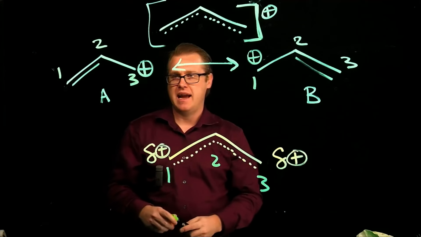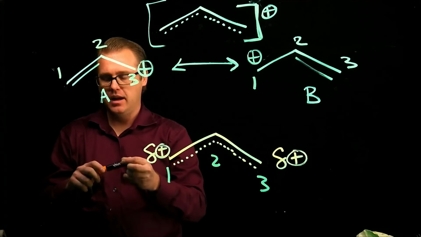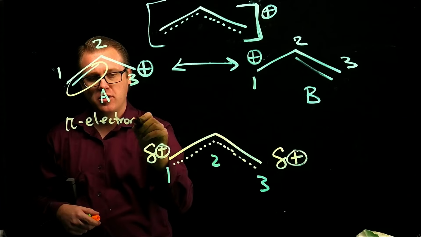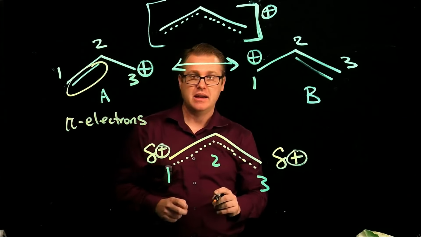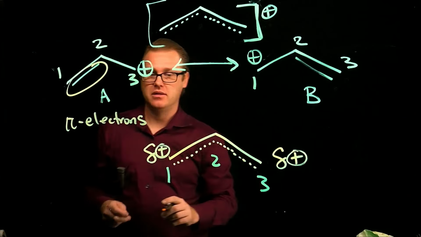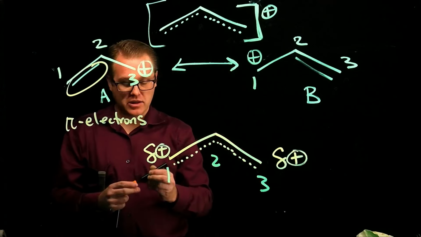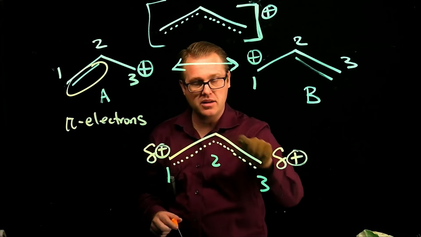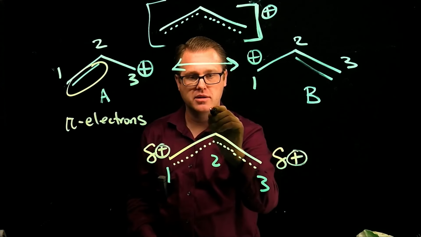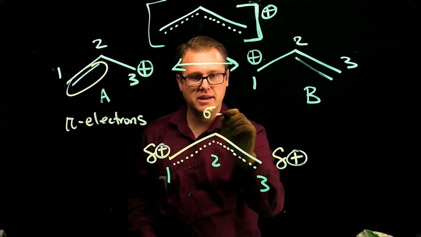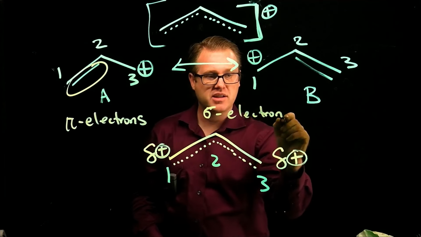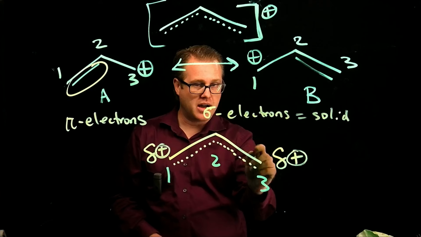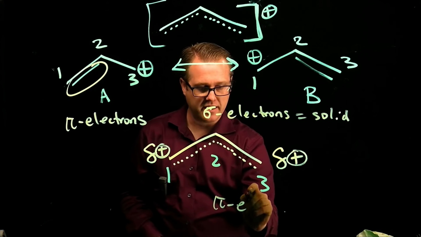Another key point to understand: it is only the pi electrons that are delocalized. The sigma electrons don't move. So what are we representing with this solid line in the hybrid? That solid line is the sigma electrons. Sigma electrons are the solid line. And then the dotted lines are the pi electrons.